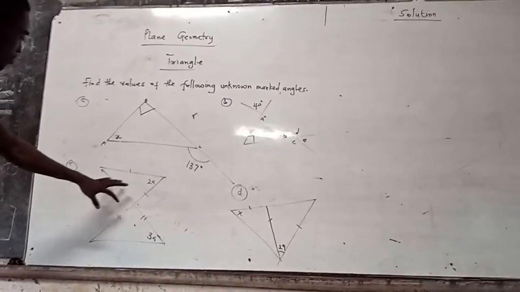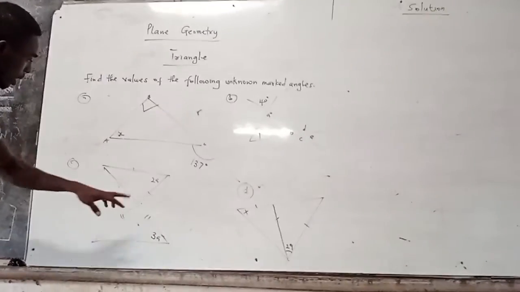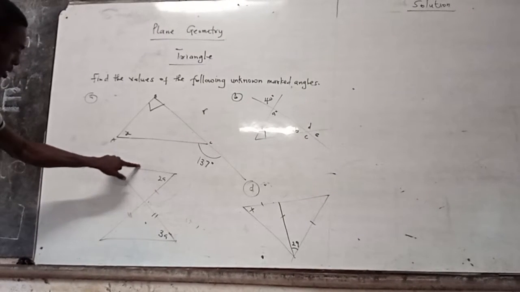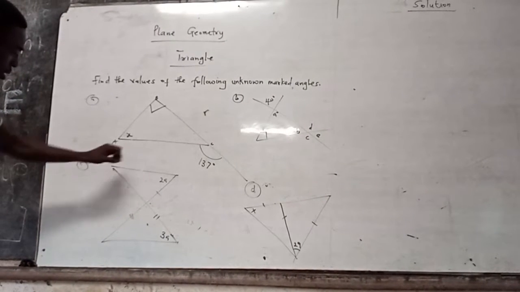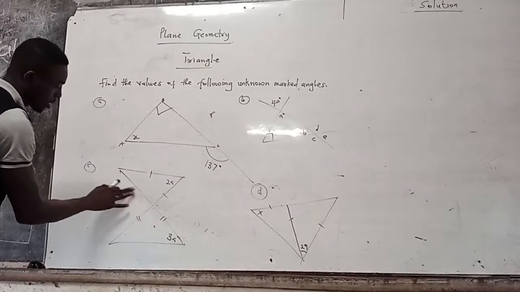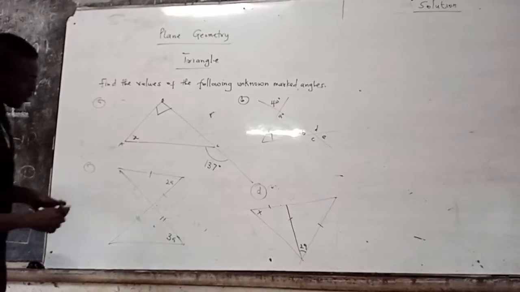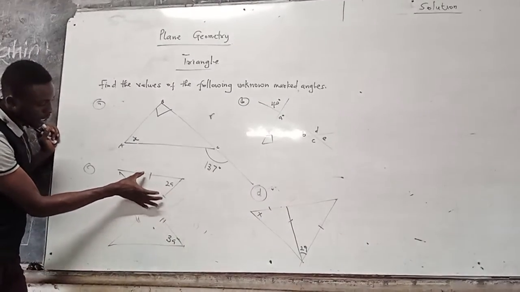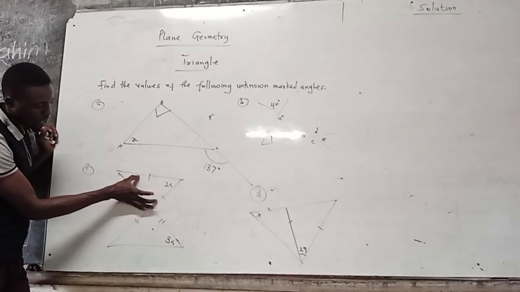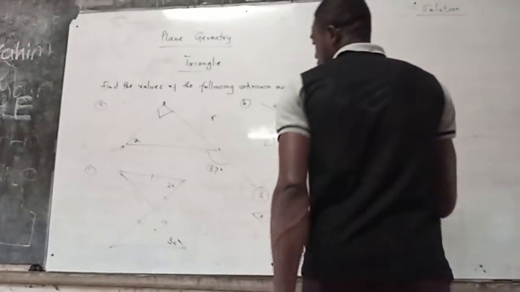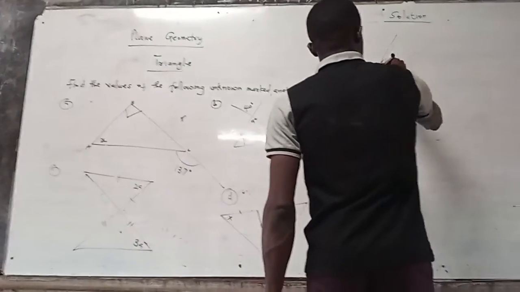So we have C. We are going to find the angle here. I think this one was not given. Okay, we have this line. If we take this triangle, you will see that this triangle is isosceles. So if it is isosceles, we are going to get something like this.